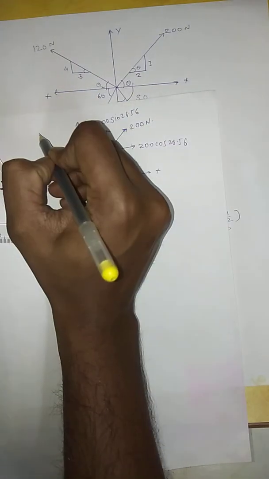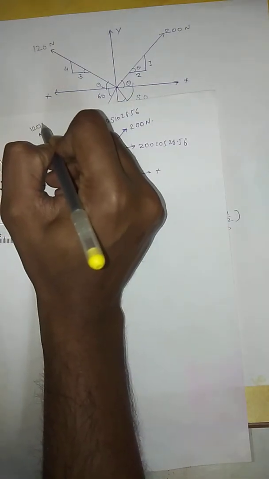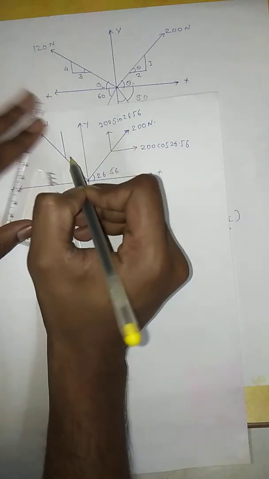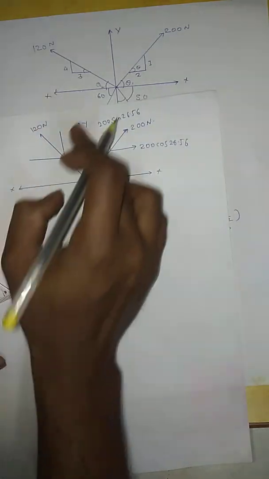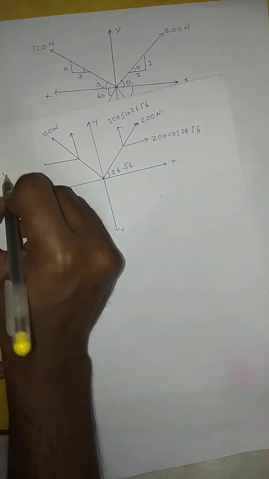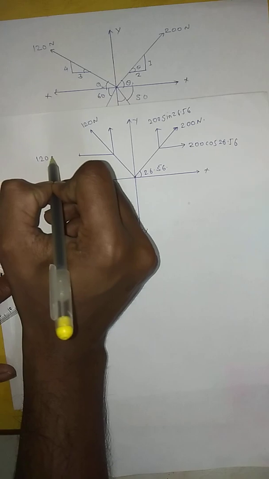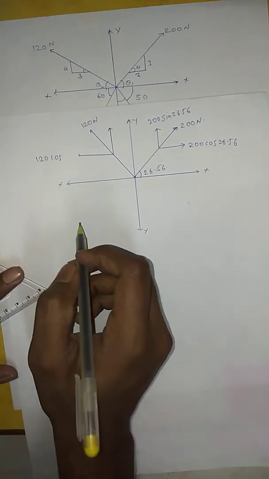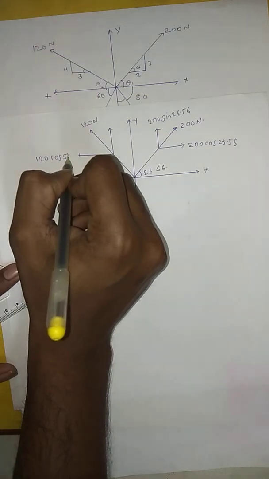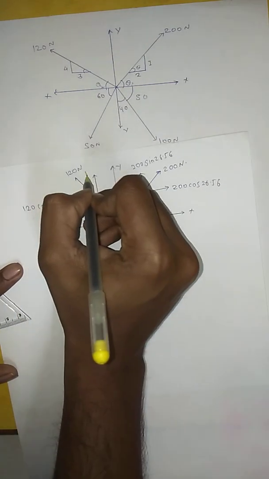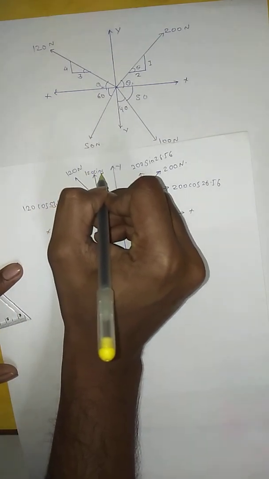Similarly, this is 120 Newton. Okay, so you can just resolve these forces like that, because this is in this particular quadrant. So this will be our 120 cos and angle is 53.13. Similarly 120 sine 53.13.